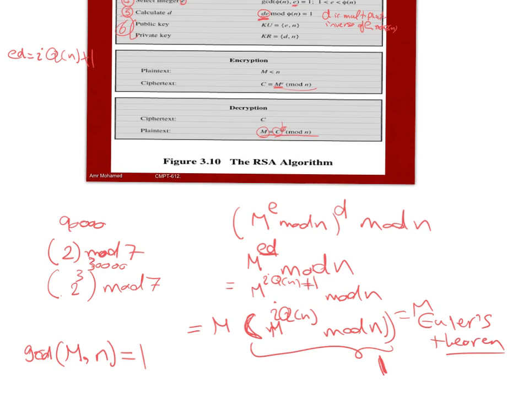It becomes 8 mod 7 to the power of something mod 7. What is this? It's 1, because 2 to the power 3 is 8. So 8 mod 7 to the power 30,000, it's 1.